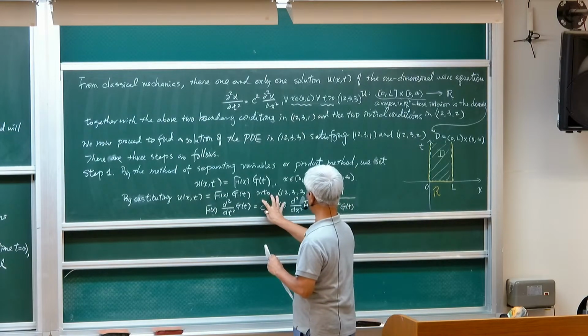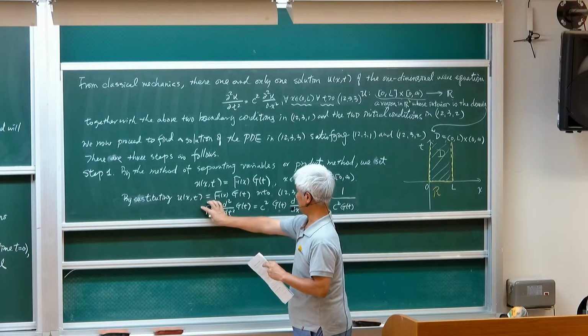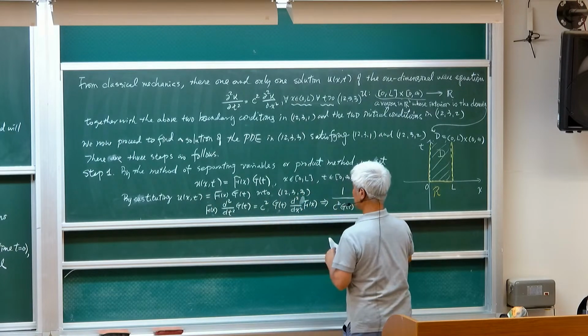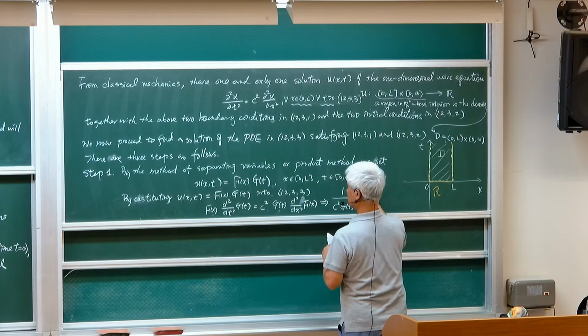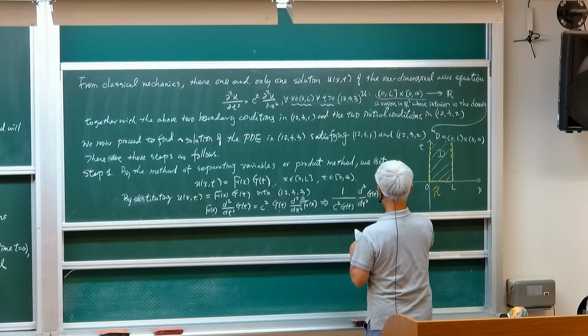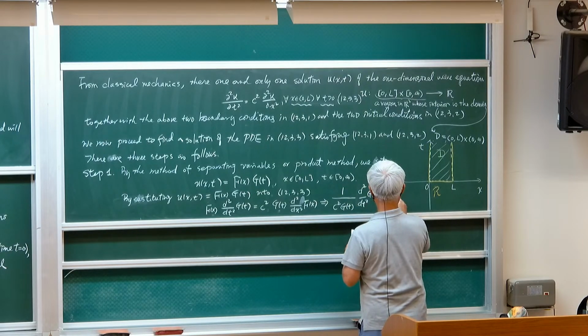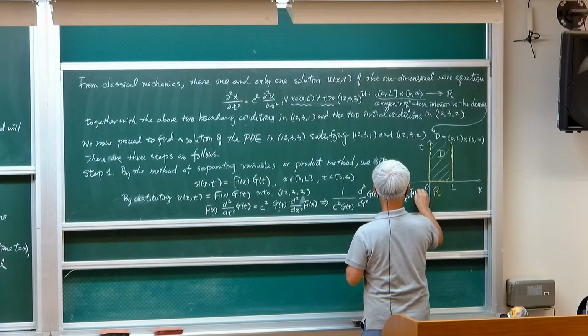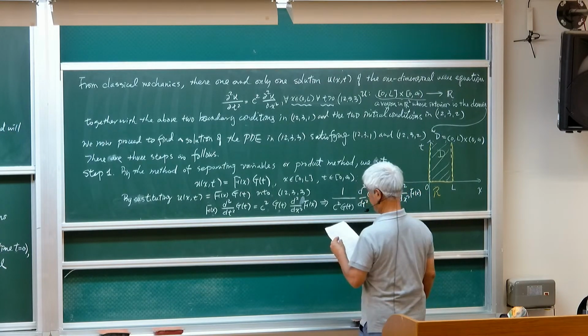Basically we move this to the left-hand side and f of x to the right-hand side. And this is the second derivative d squared over dt squared of g of t equal to the second derivative of f of x over f of x.